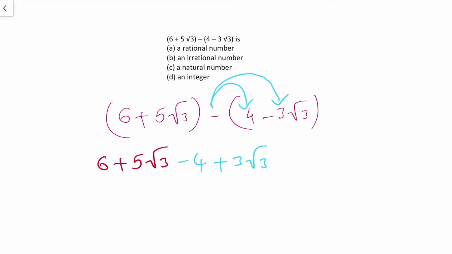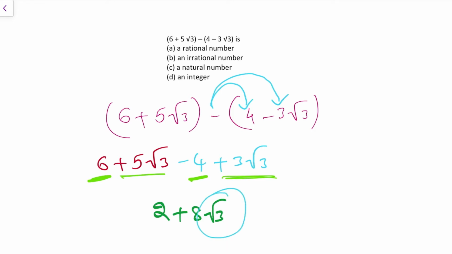Now simplify further: 6 minus 4 is 2. Next 5 root 3 plus 3 root 3 is 8 root 3, which cannot be simplified further. Here root 3 is an irrational number, so definitely this total value will again be an irrational number only. So option B is the correct option.